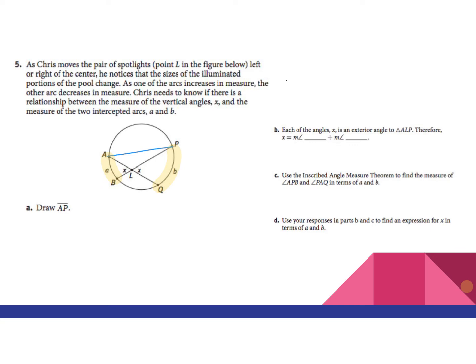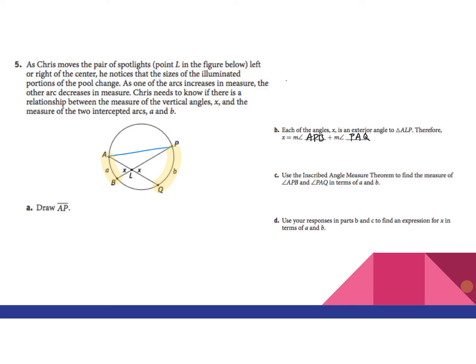And maybe there's some relationship we're going to see. So when we pull this out for arc A, it matches up with angle X, but look where it also matches up, to APB. So it's going to match up to angle measure APB. And now let's think about arc B. Again, it opens up to angle measure X, but it also opens up to angle measure PAQ. So let's add that on in right there.